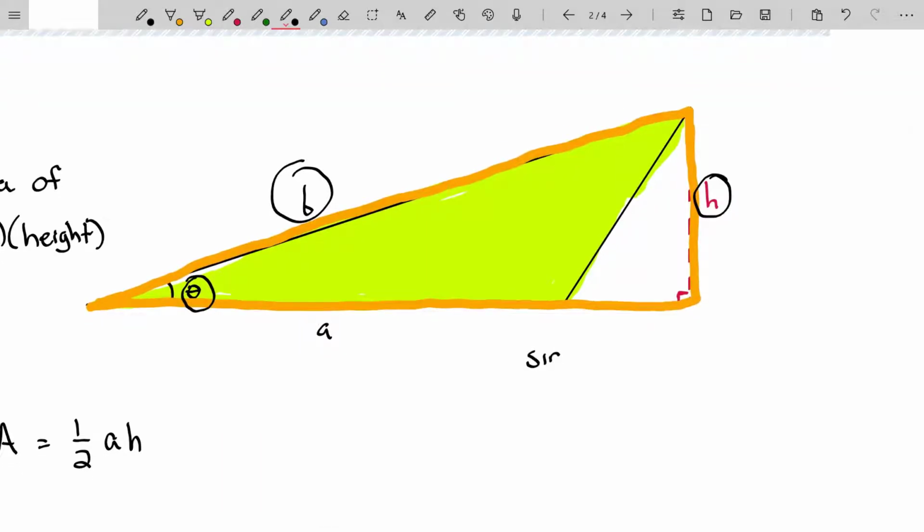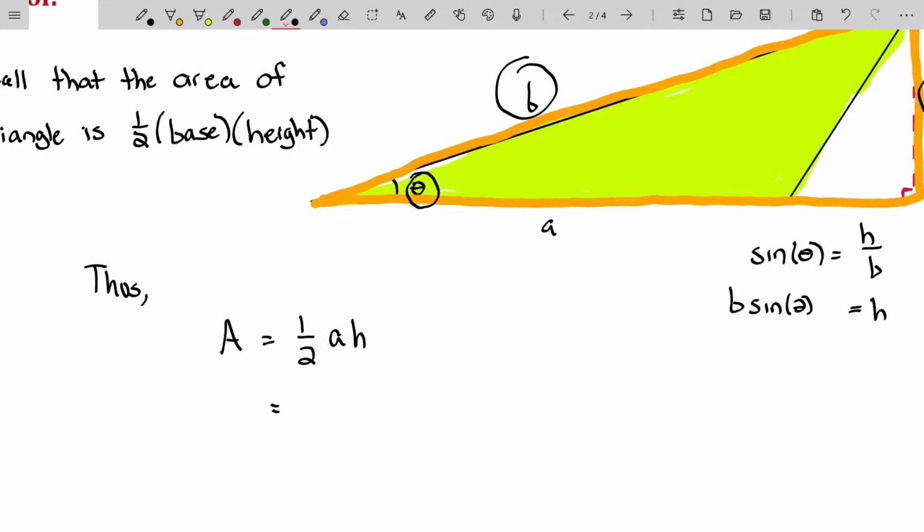The sine of theta is equal to opposite over hypotenuse. That's just from our right triangle trig. So therefore, H must equal B times the sine of theta. So this is equal to 1/2 A times B sine of theta.